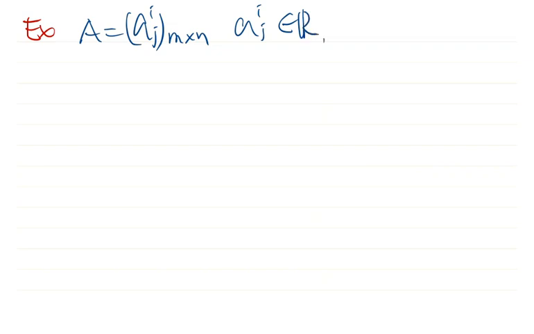Suppose A is an n by n matrix, with a_ij belonging to R, and the function f is defined on Rn, taking value in Rn. f(x) is Ax.